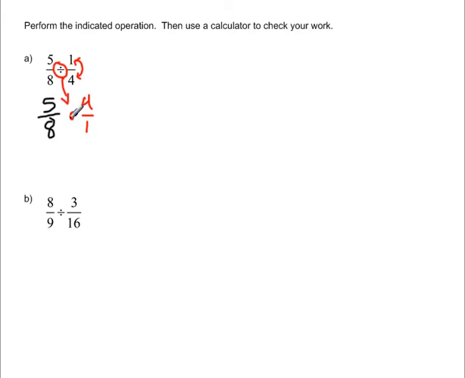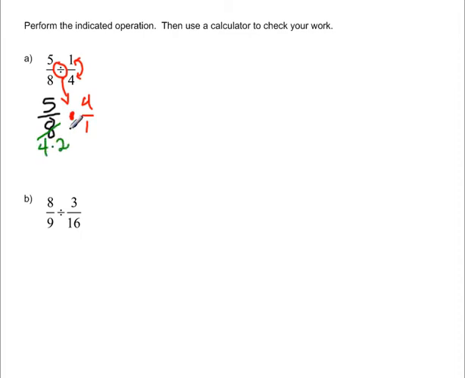Now we just have a regular multiplication problem, and we know when we multiply, before we multiply straight across, we can look for common factors, one in the numerator and one in the denominator. And so with the 5 and the 1, if we look in the diagonal, no common factor there. But with the 8 and the 4, we can see that there's a common factor of 4.